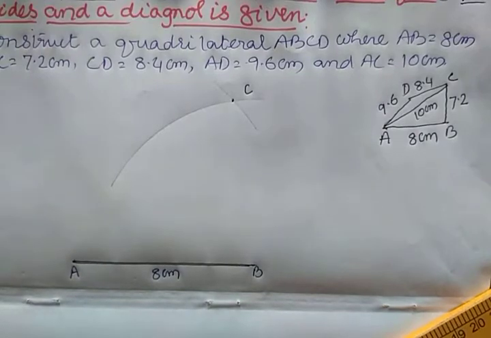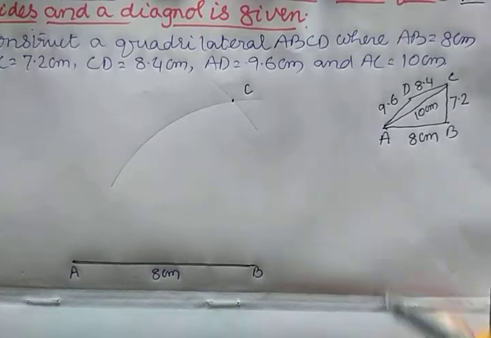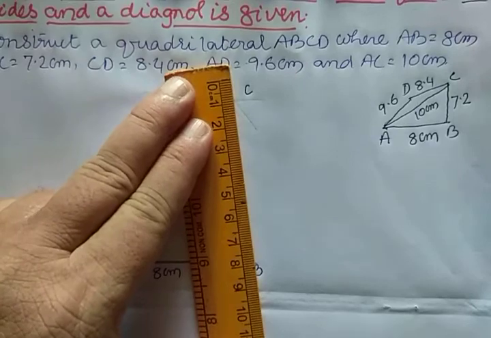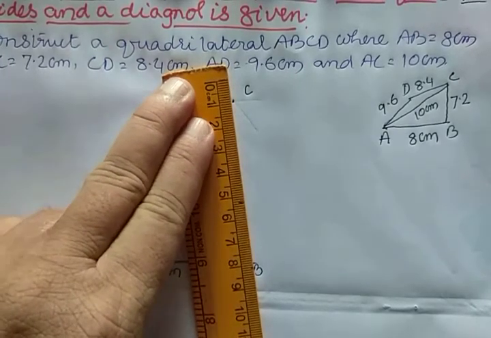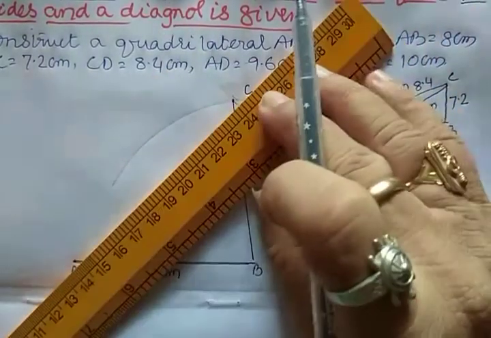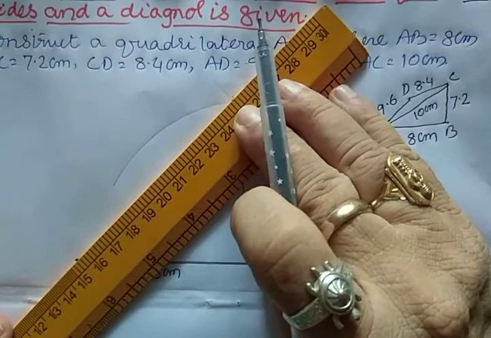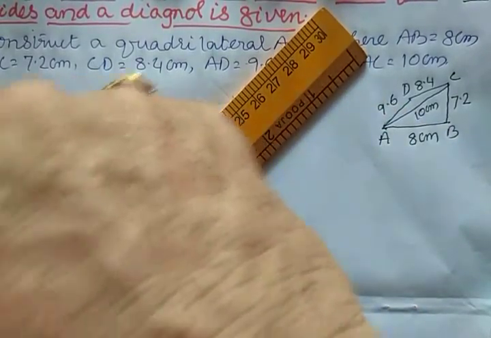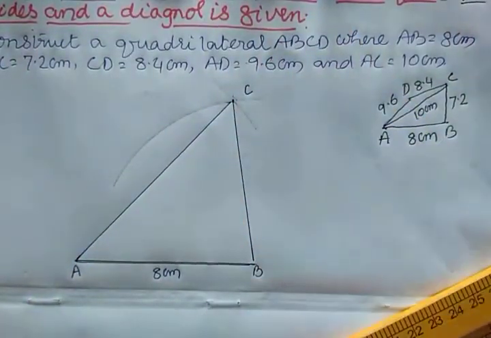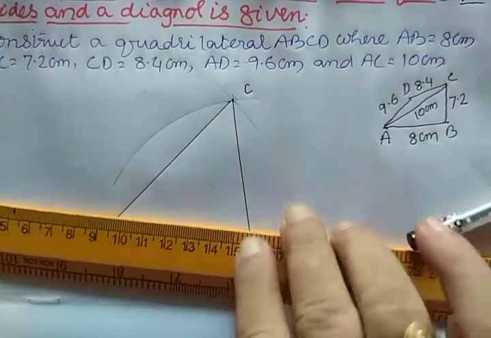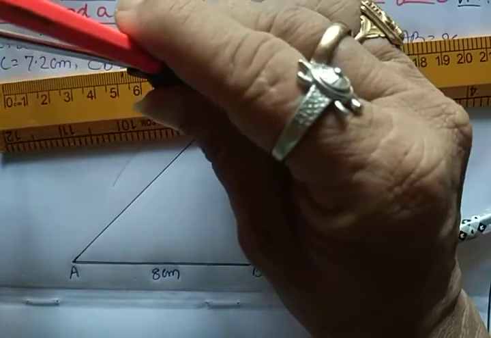I join AC and BC. Clear? Now, CD is given how much? 8.4.